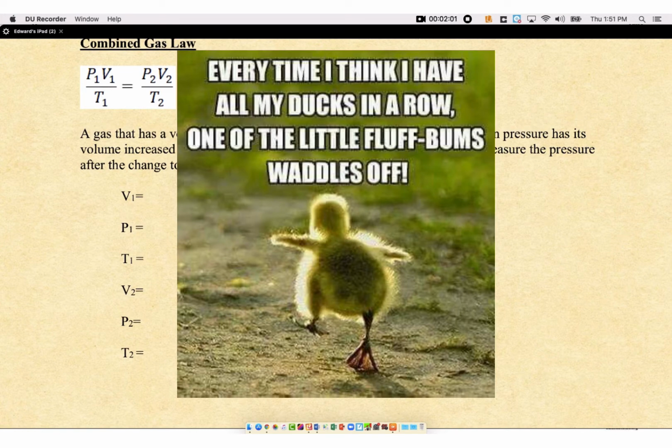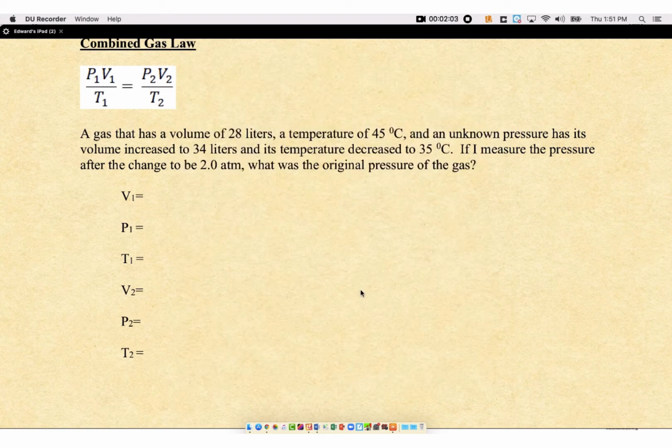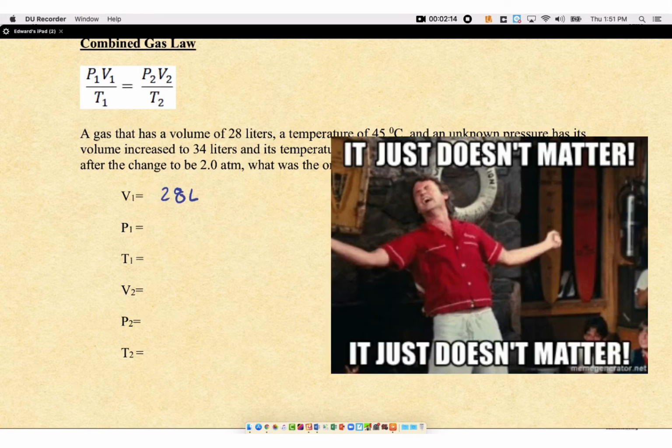So it has a volume of 28. Now, I don't care if you call this V1 or V2. It doesn't really matter. I'm going to put this as V1 just because it's listed first, right? So 28 liters, and the temperature is 45 degrees.